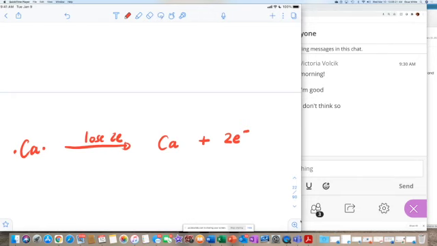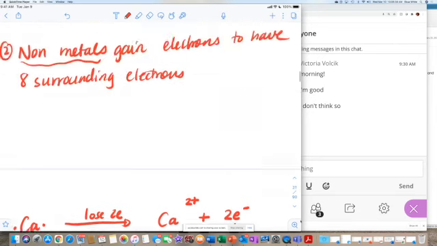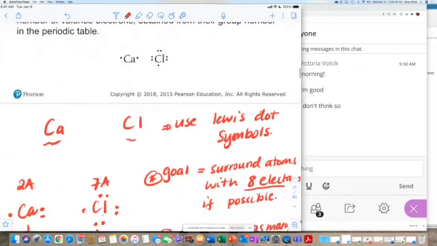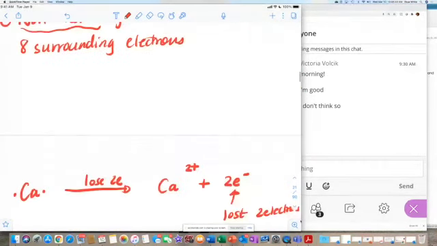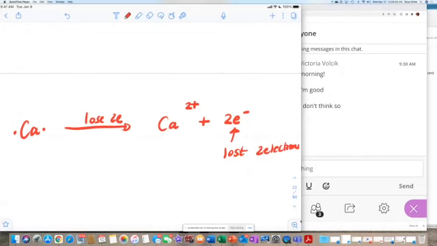We write calcium after it loses 2 electrons as 2 positive. Okay, this one here shows you that calcium has lost 2 electrons. It produced, which is, you have to produce the electrons to lose it. Okay, well, here's the thing though. Didn't I say somewhere here in so many words to be surrounded by 8 electrons? So how is it possible that calcium now has 8 electrons?